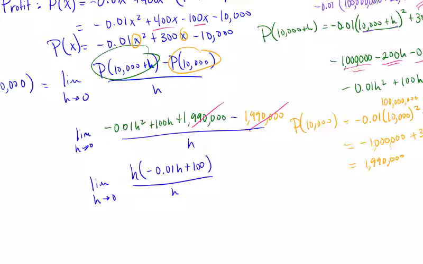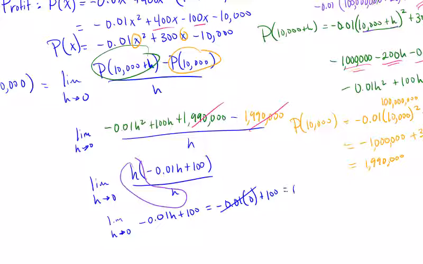Before we couldn't plug in 0 because we had that h in the denominator, and that would give us a 0 in the denominator, but now these h's cancel out, and so all we're going to have left is the limit as h approaches 0 of negative 0.01h plus 100, and we can directly evaluate that, right? We're just going to plug in 0 for h now, and this turns into 0, so we're just left with 100, right?